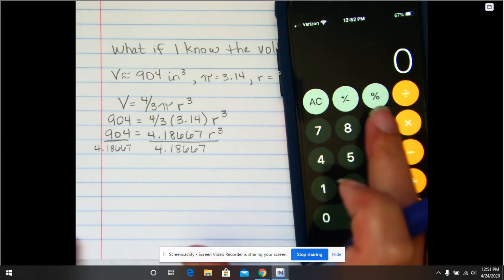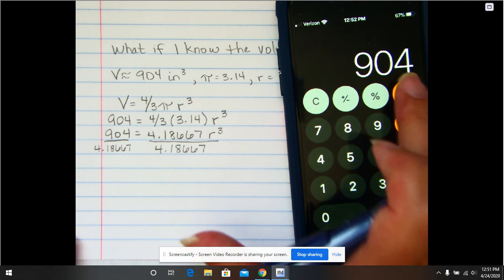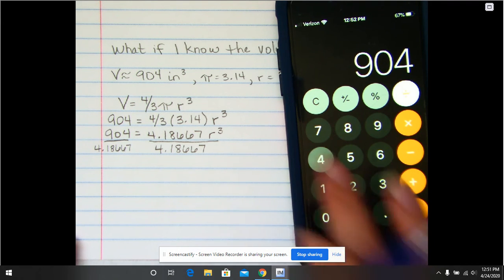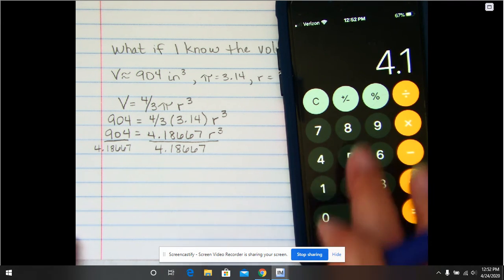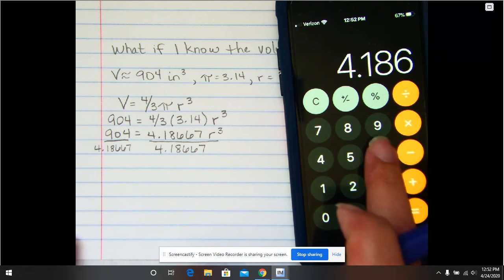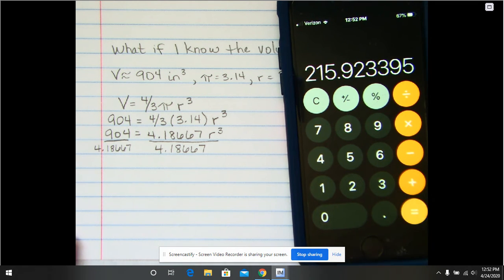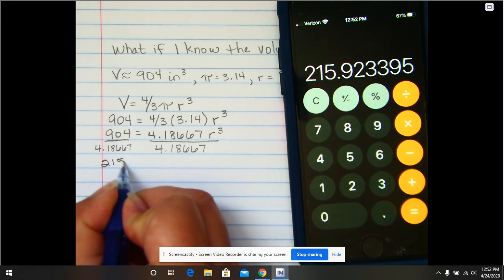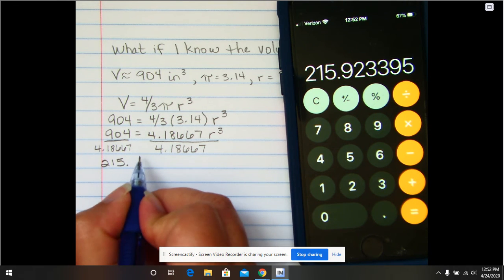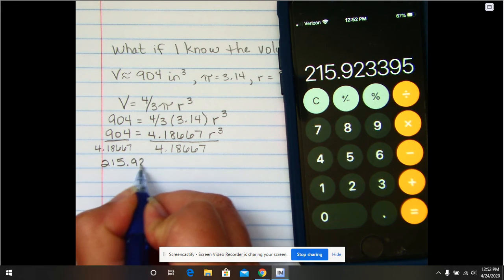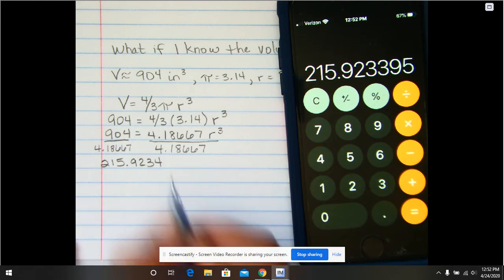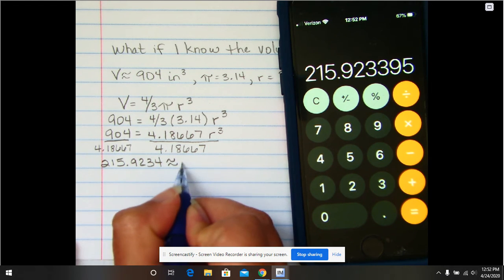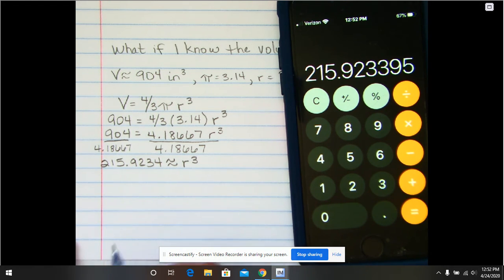So 904 divided by 4.18667 is about 215.9234. And we're going to get close enough. And that equals radius cubed.